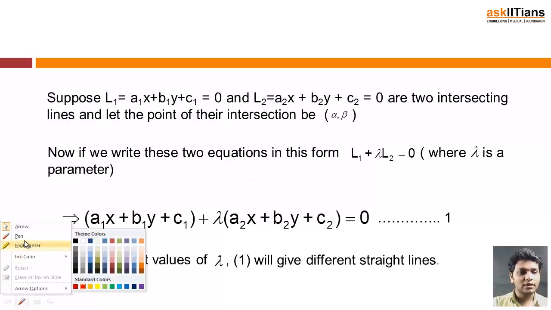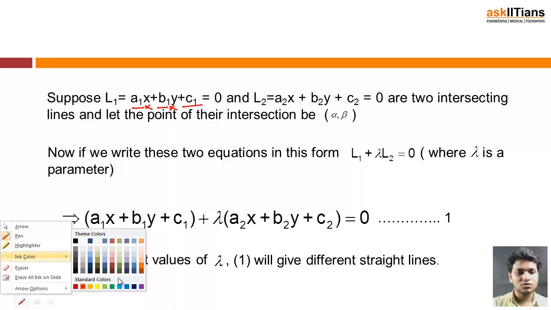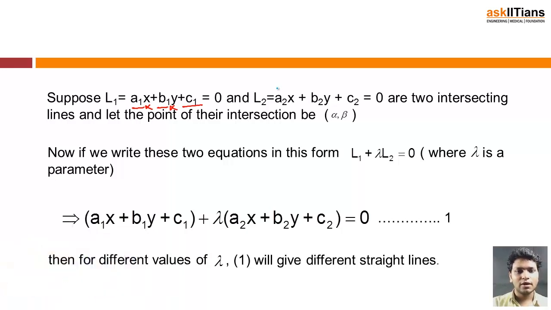Suppose L1 is the first line, of the equation a1x plus b1y plus c1, and L2 is the other line, of the equation a2x plus b2y plus c2, and these are two intersecting lines whose point of intersection is alpha comma beta.